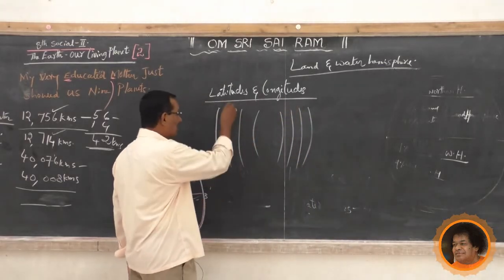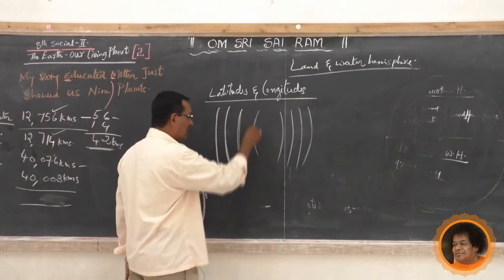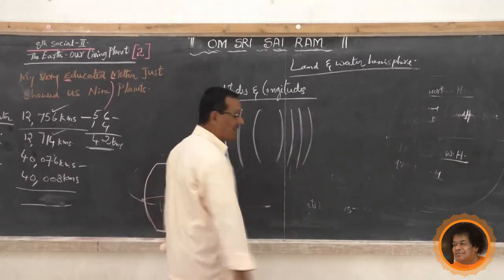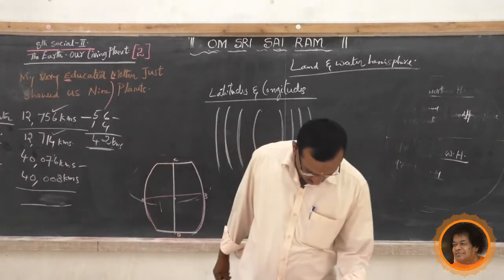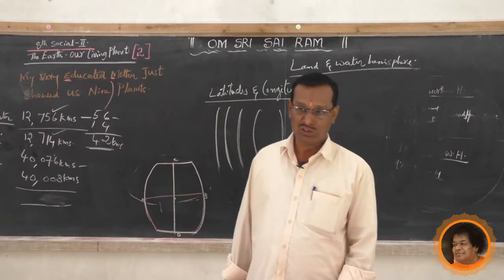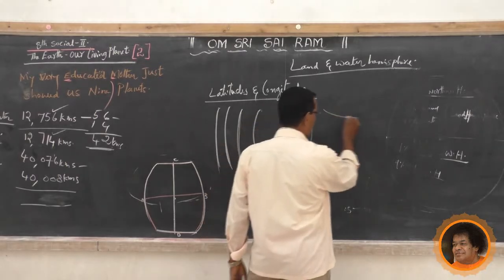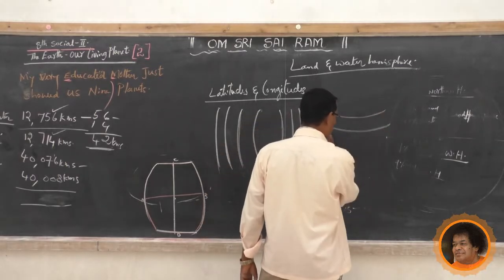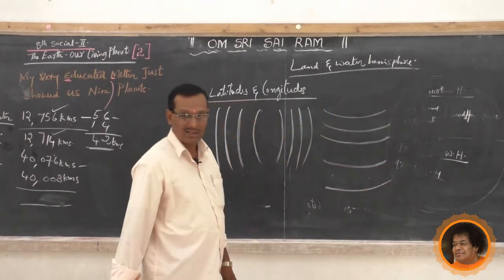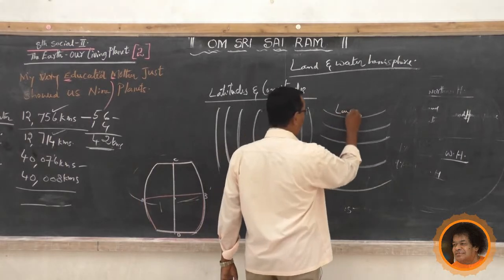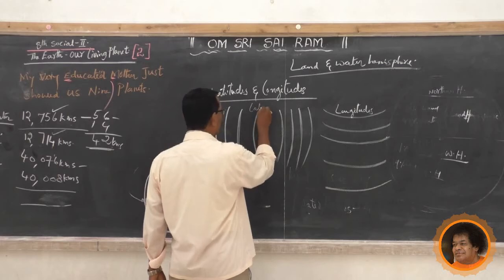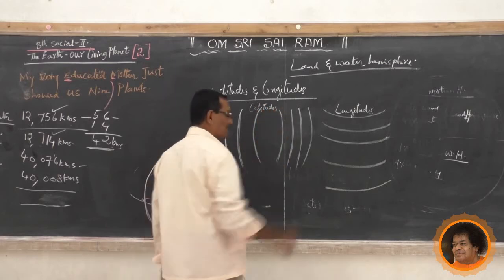This is a horizontal line. It is not a straight line, a little bit curved. These lines are called latitudes. The vertical lines, including the equator also, are the lines of longitudes. What is the importance of this?